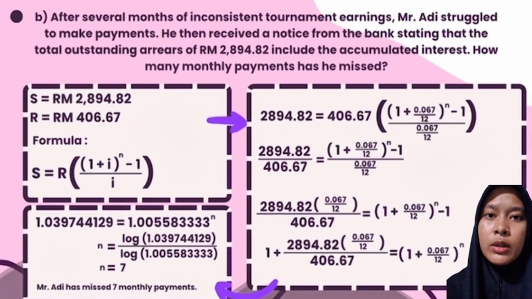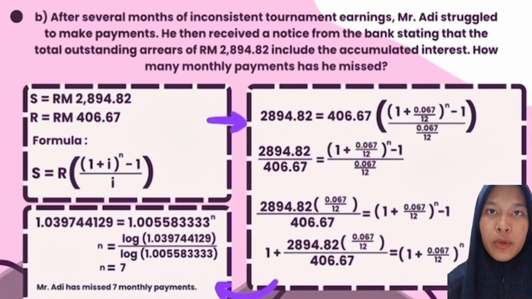Next step, we move the minus 1 to the front and rewrite it starting with 1 plus 2,819.82 times (0.067 over 12), divided by 406.67, equals (1 plus 0.067 divided by 12) to the power of n.